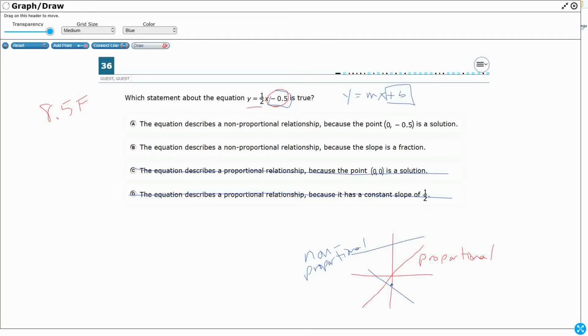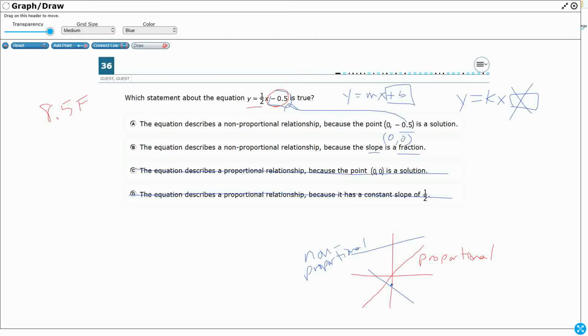If it were proportional, it would look like this, y equals kx, because this plus b is gone. So this is non-proportional, and why is it non-proportional? Because the slope is a fraction, and it makes no difference at all. It's non-proportional because this is a solution, because it goes through 0, negative 0.5, rather than 0, 0.